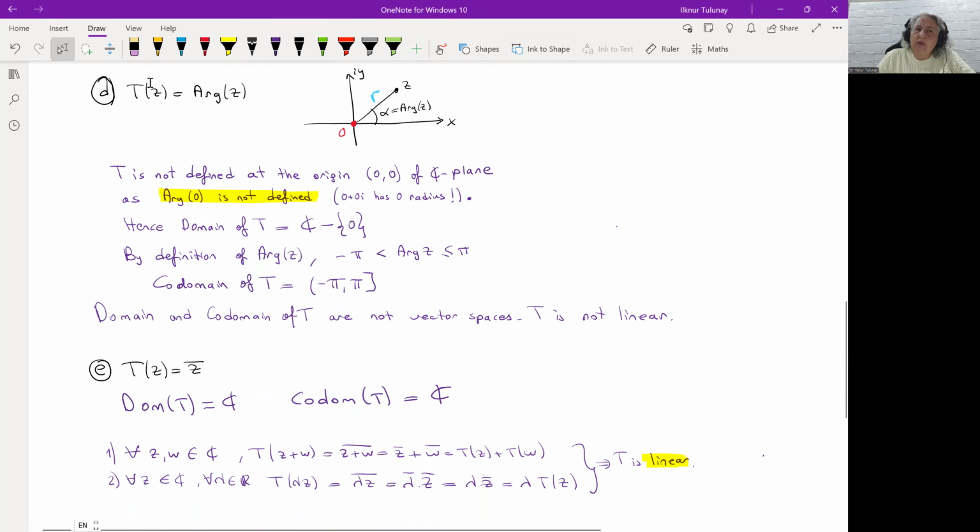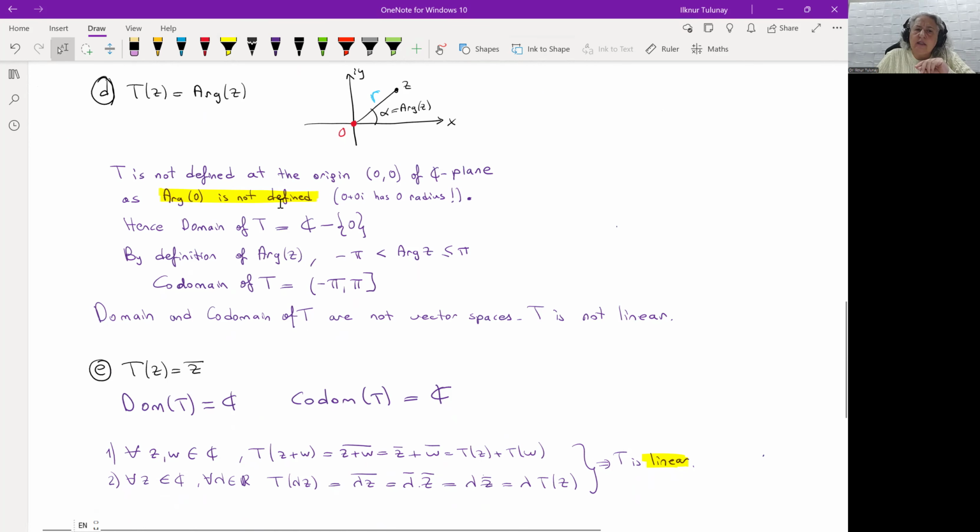In this one, we have a complex number z, and T of z is defined as the argument of z. The argument is the angle which defines the complex number. We know that complex numbers can be written as x plus iy, or as r e to the i theta, and the angle gives us the argument.